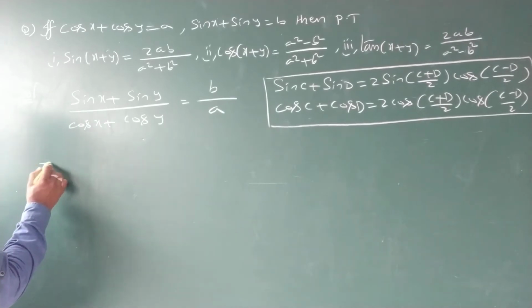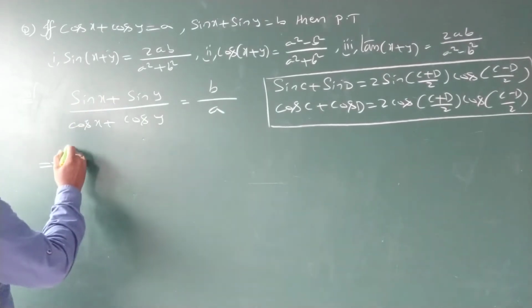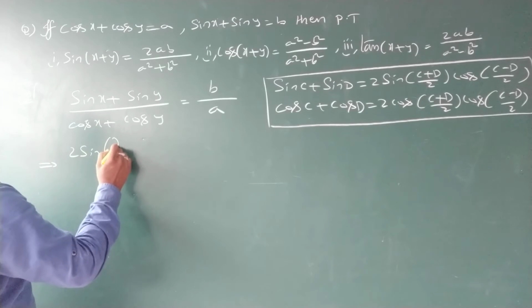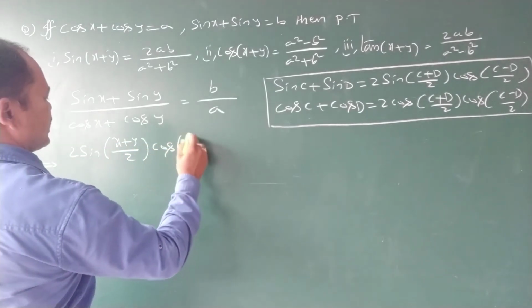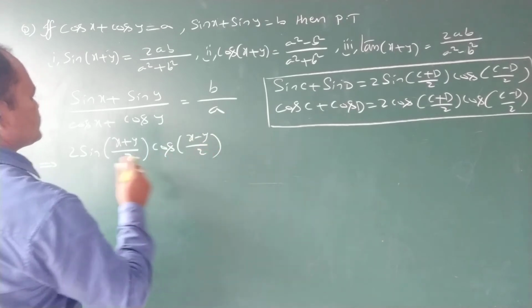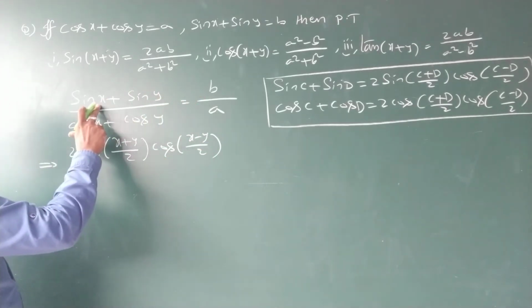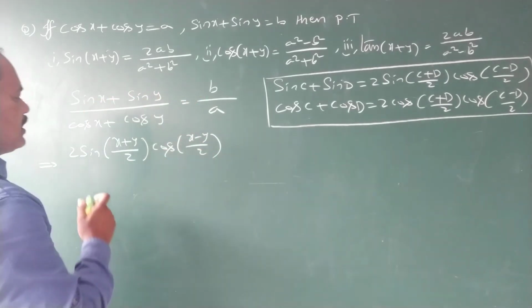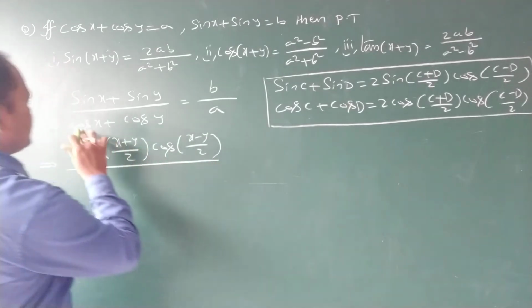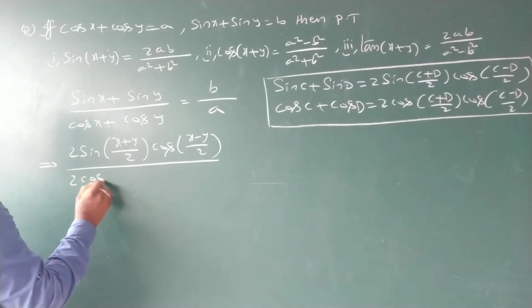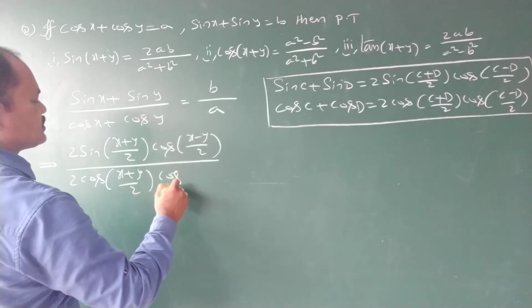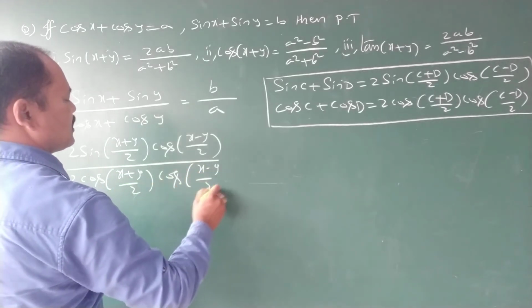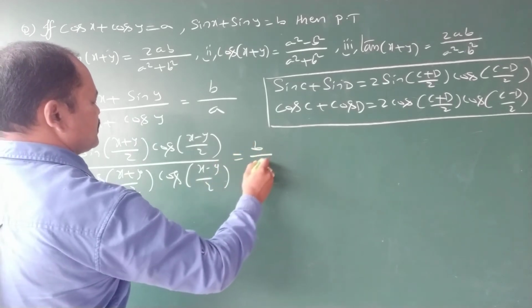From this we write 2 sin((x plus y) by 2) cos((x minus y) by 2), since in place of c we take x and in place of d we take y, whole by the denominator 2 cos((x plus y) by 2) cos((x minus y) by 2, that is b by a.